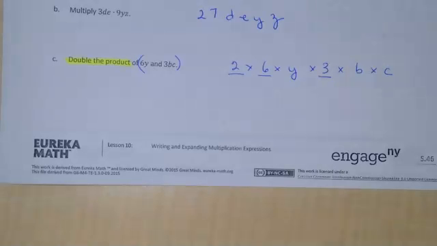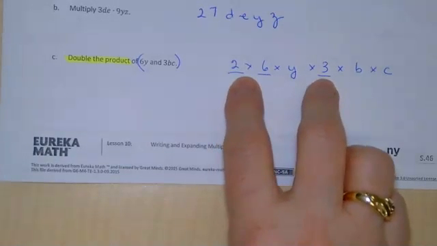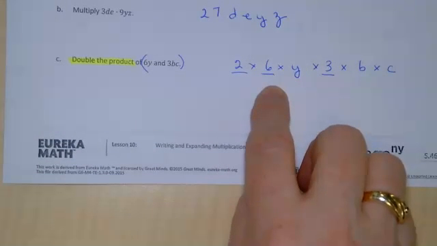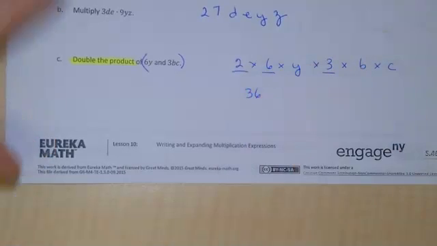You know what I would do if I was trying to do that? I would go 2 times 3 first, because what is 2 times 3? 6. 6 times 6? 36. Now I've got to take all the letters and do what? Put them in the back in alphabetical order, right?